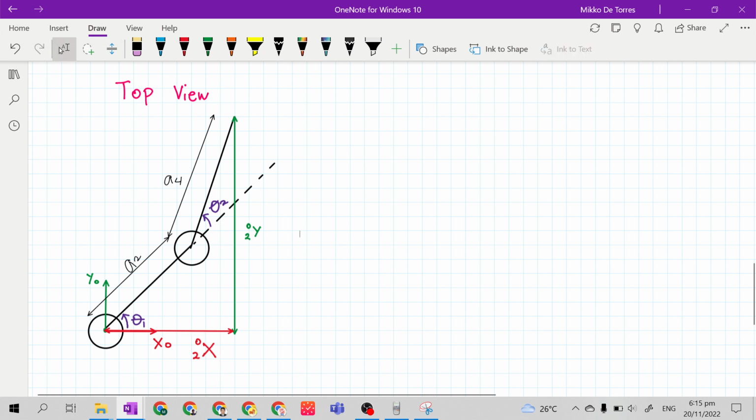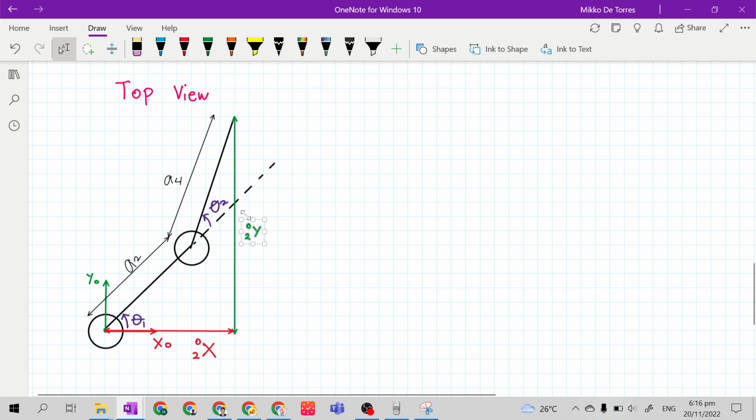So what does this tell us? We have here two lines that have a given value. y02 is given and x02 is given because they are position vectors.